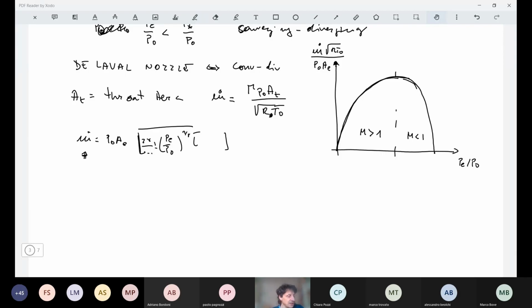From this plot we can see that if we move towards lower values of PE over P0, and we would like to reach these lower pressures, we will have an area which has a lower inverse, so it's greater. And this is identified by this value here in this graph.